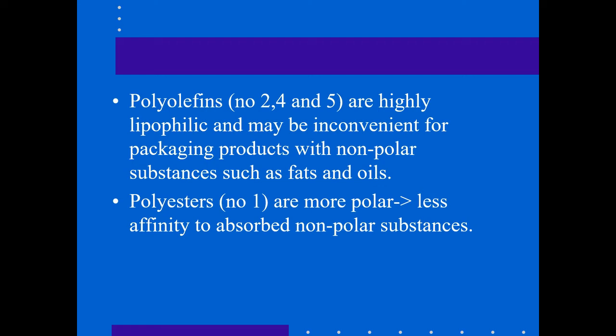So we use number one to pack margarine or butter, so that there will be no absorption of non-polar substances of the food component by the packaging material. Similarly, if you have food that is hydrophilic, we cannot use number one packaging. You use number 2, 4, and 5 types of packaging.